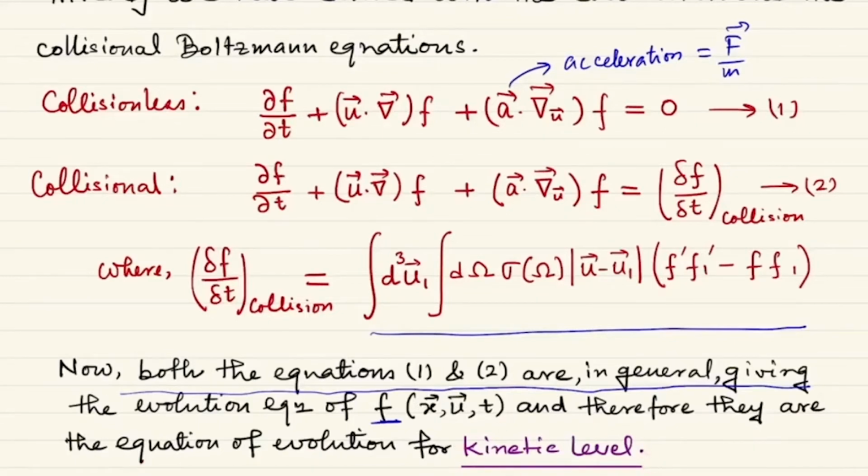As I said in one of the previous lectures, we are trying to develop dynamical theory at different levels. So for every dynamical system we need an equation of evolution, and of course before that we need a well-defined state. So this is the equation of evolution.